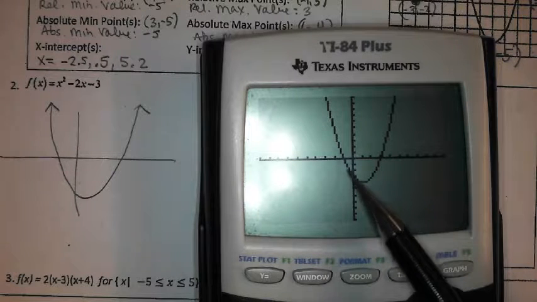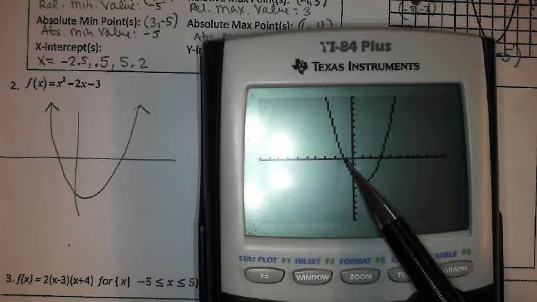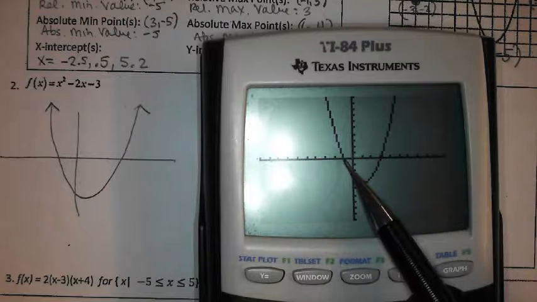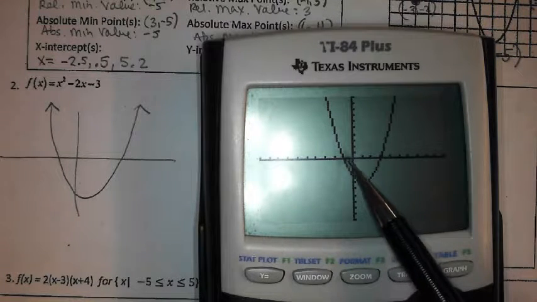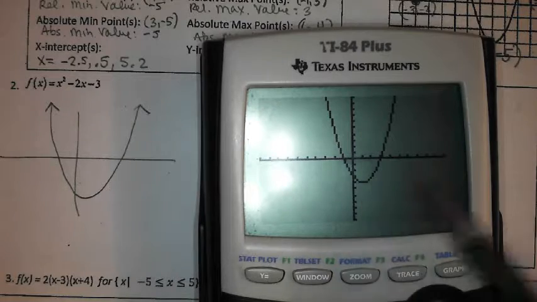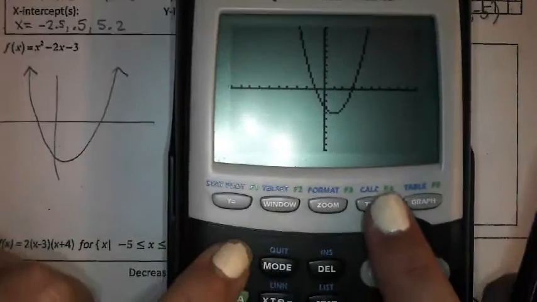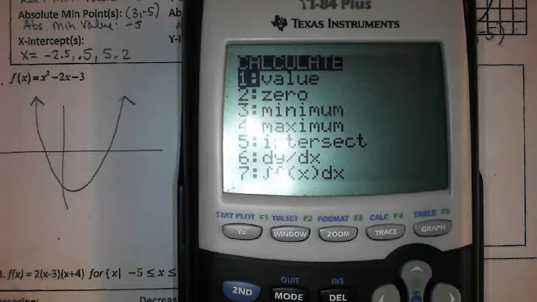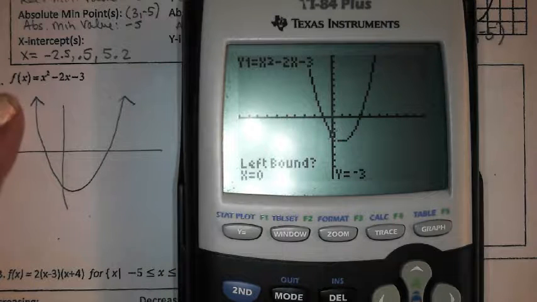So, how do we find this point? What is that point called? A zero. An x-intercept, but your calculator is going to call it a zero. So you hit second trace, option 2 is finding a zero, so we're going to do that. And when you get to your screen, you should have a cursor blinking, and it should say left bound. Scroll over to the left.